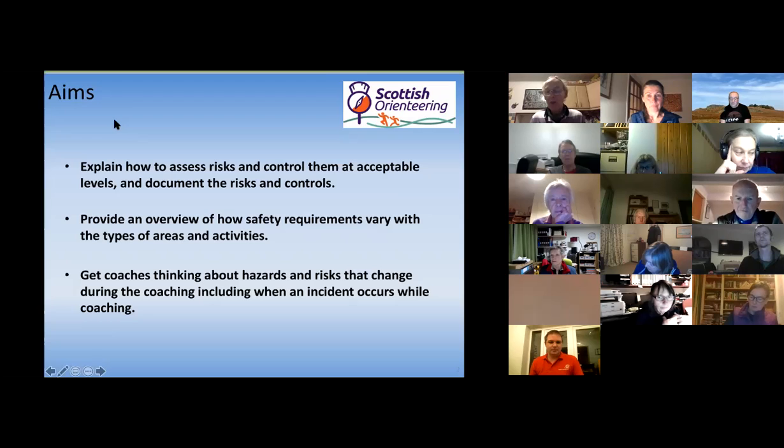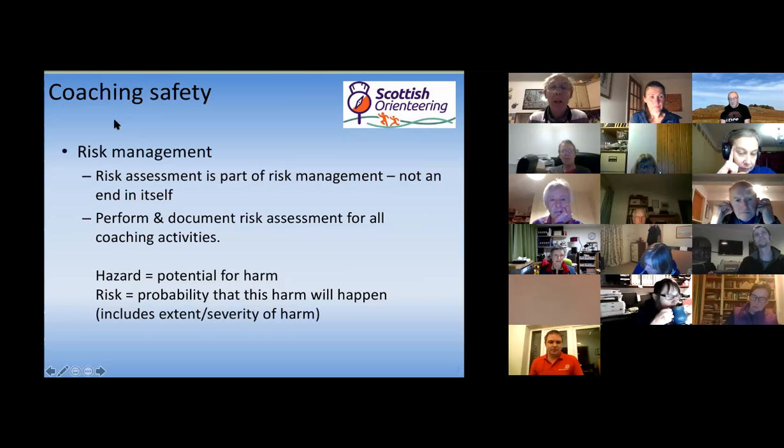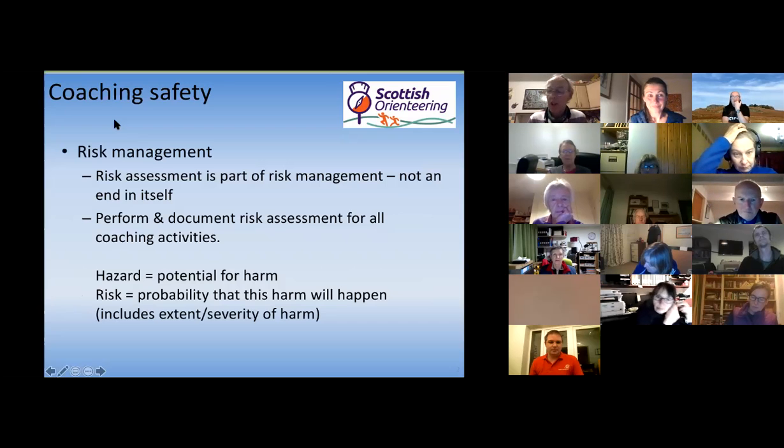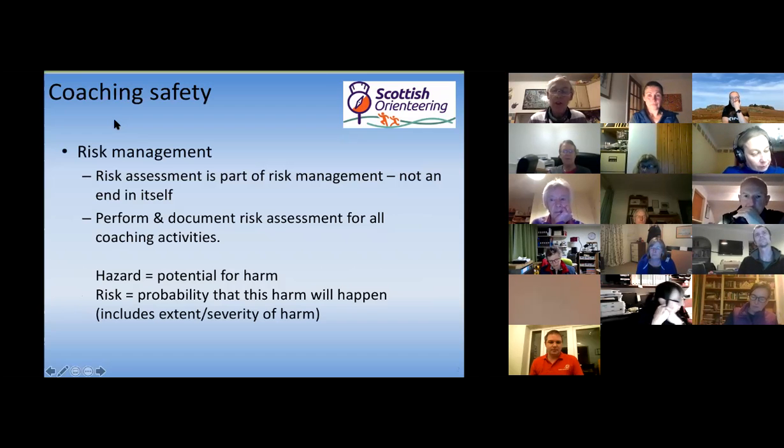That is the area where people will get the most surprises, and it's the area where we will probably spend the most time. Very quickly, while everybody talks about risk assessment, I like to talk about risk management, because too many people think that once you've done a risk assessment and signed it off on the dotted line, everything's done.